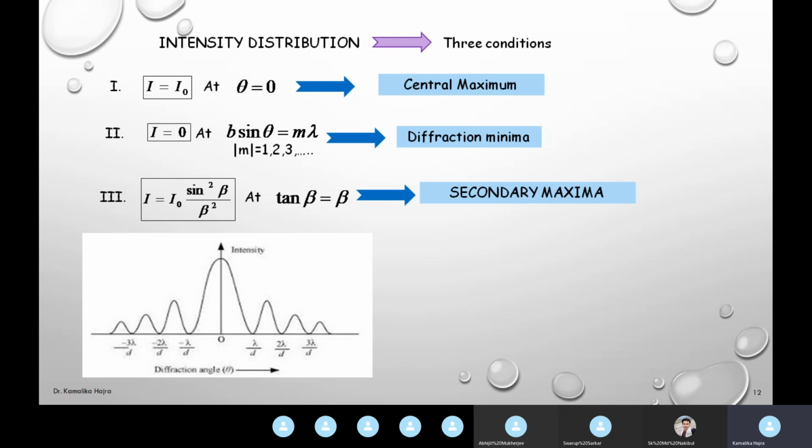Theta equal to sine inverse of 2 lambda by b gives the second minimum, and so on. In between you get the secondary maxima, but as you can see, their peaks are considerably lower relative to the peak at the central maximum.